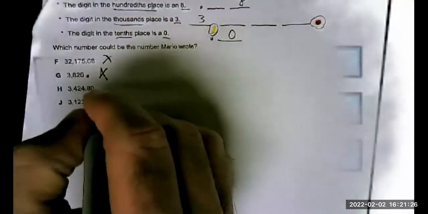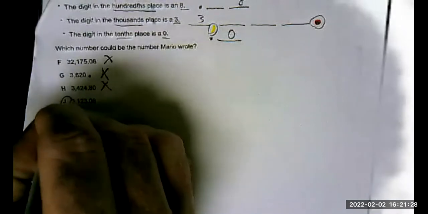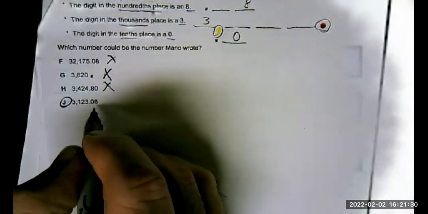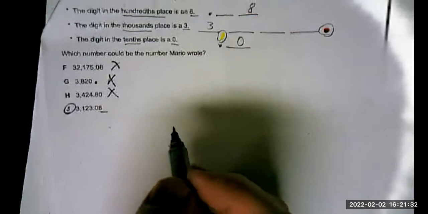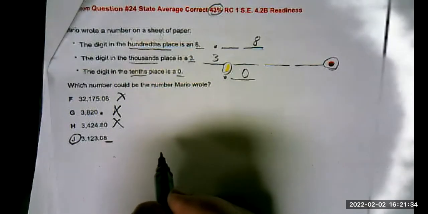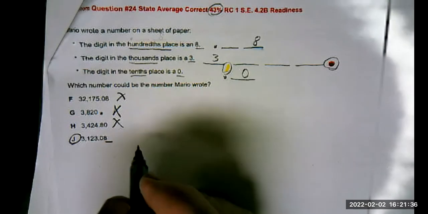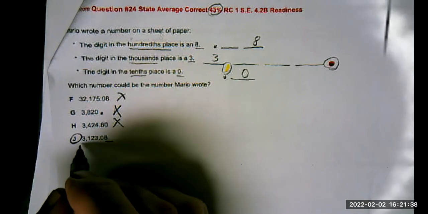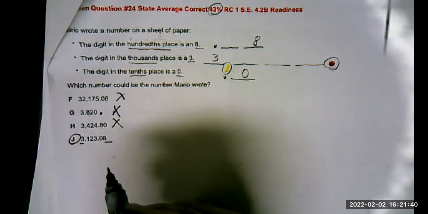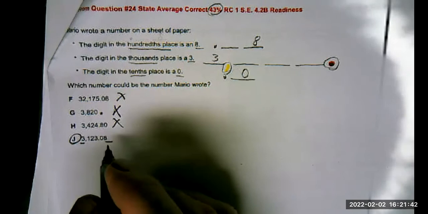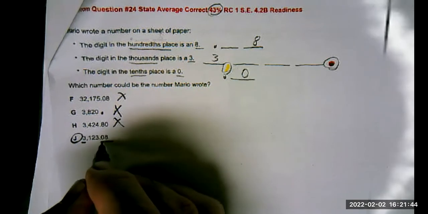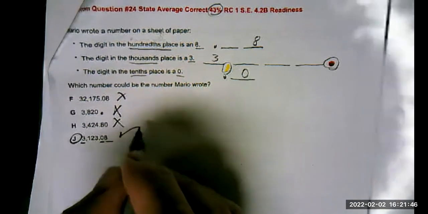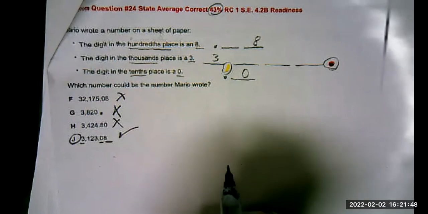So the only answer that has the 3 puzzle pieces added correctly would be J, the 8, and you double check. The 8 is in the hundredths place. That's check. That's true. A 3 in the thousands place, and a 0 in the tenths place. All 3 pieces of the puzzle are true.